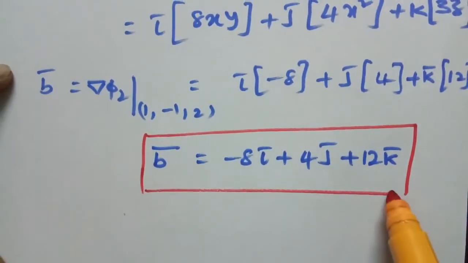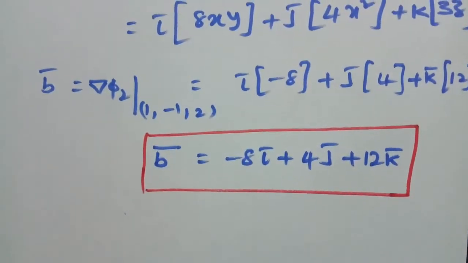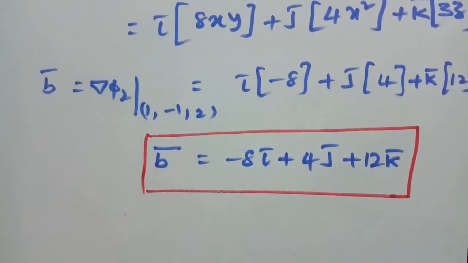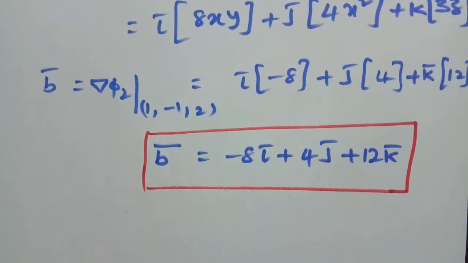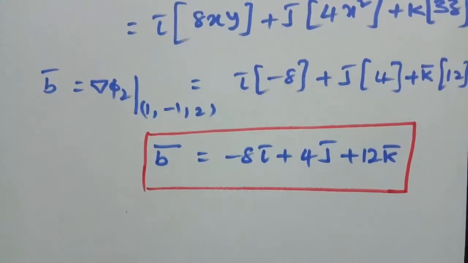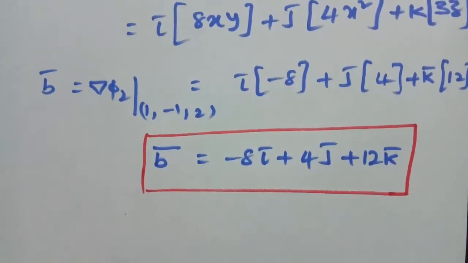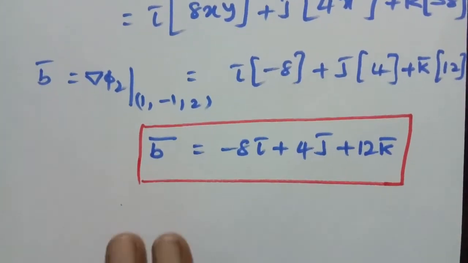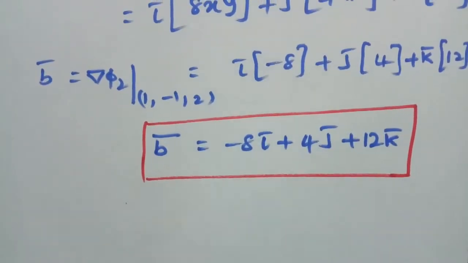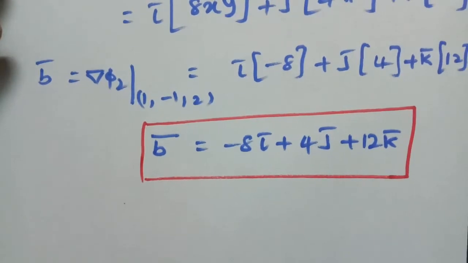Now we have calculated the normals of the two surfaces. One is a bar and another one is b bar. Now, since the surfaces cut orthogonally, we have a bar dot b bar is equal to 0.